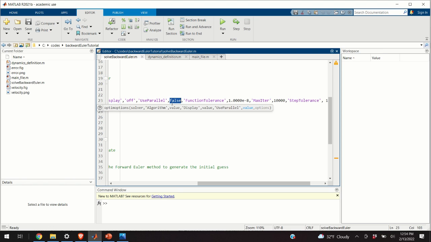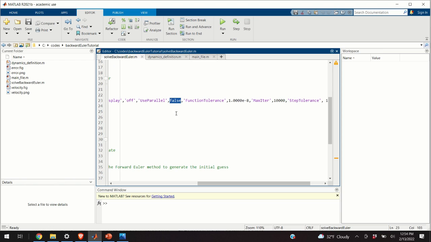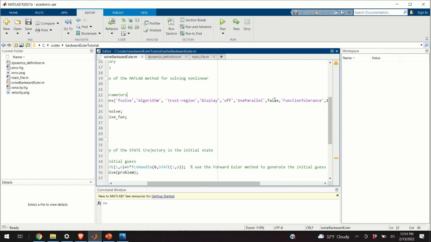So here's one comment. This system is relatively small. It has only 2 state space variables. And if I would specify here true as a parallel option, then my code will execute relatively slowly, since the problem is small. When the problem is small, parallel solvers are much slower than the regular solvers.